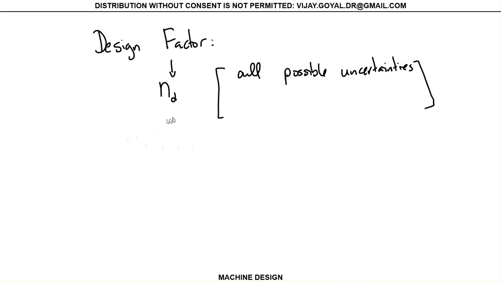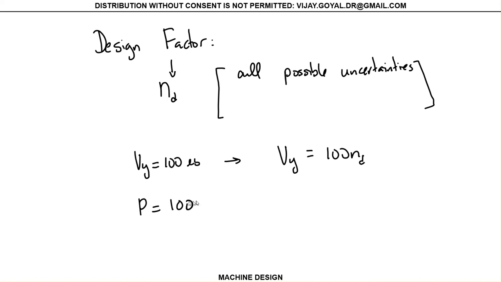Okay, and what do you do with the design factor? Well, you take your loads. Let's say I have a shear load of 100 pounds. So what you would do is your new shear load will be 100 pounds multiplied by your design factor, ND. Let's suppose I have an axial load of 1,000 pounds, then your new axial load would be 1,000 multiplied by ND.